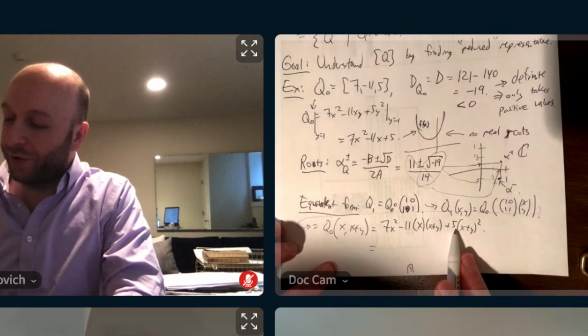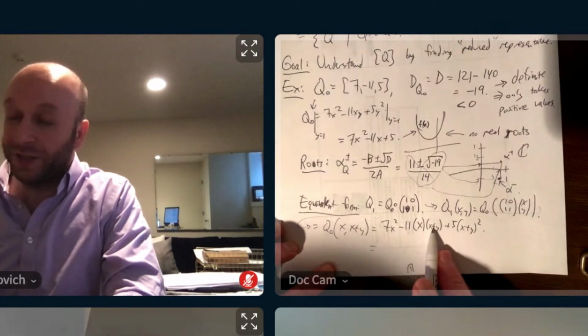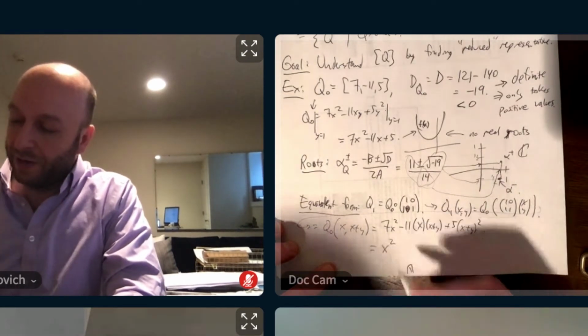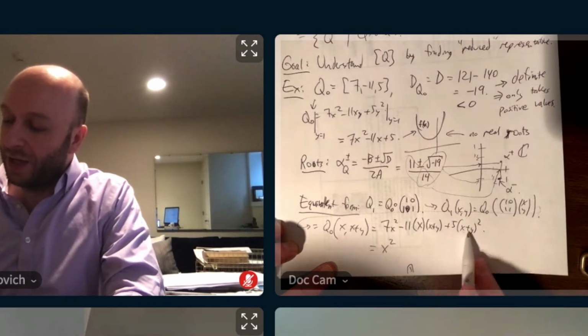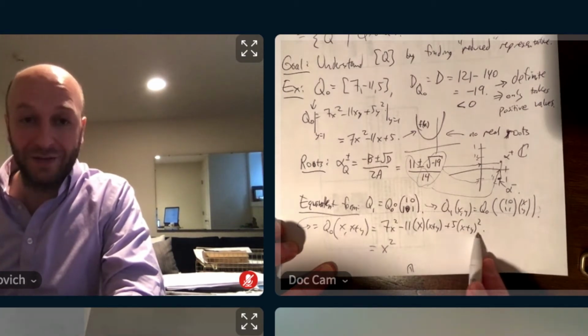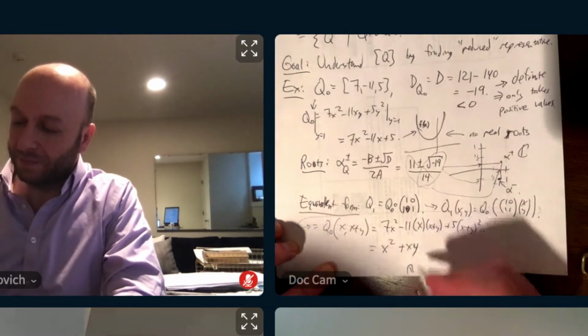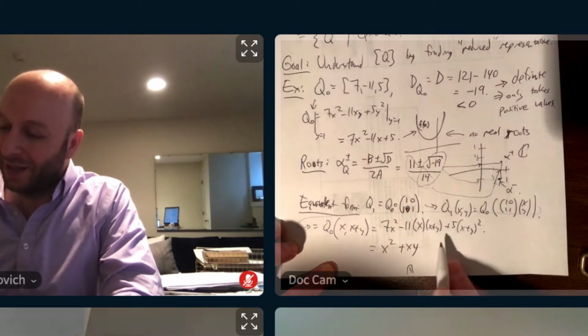So I have a plus 5x squared, a plus 7x squared, and a minus 11x squared. 5 plus 7 is 12, minus 11 is 1, x squared. How about xy's? I get a minus 11xy here, and a plus 10xy there. I hope you guys are checking my calculations. And how about y squared?